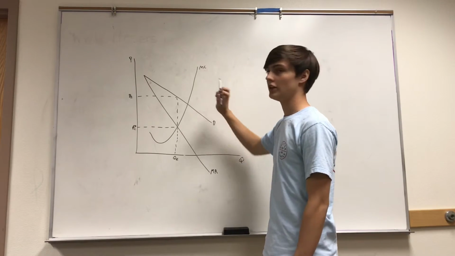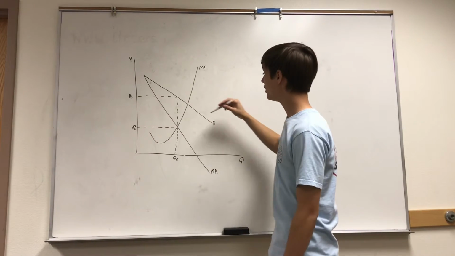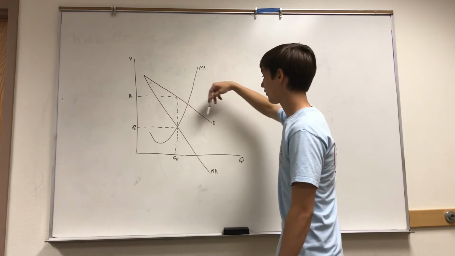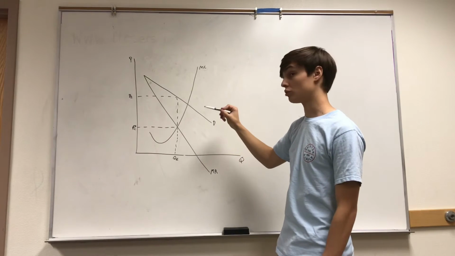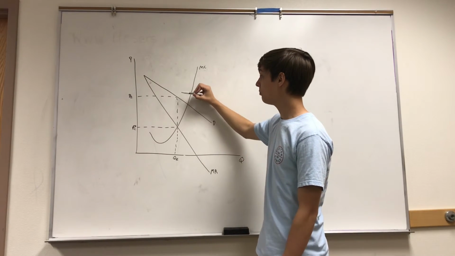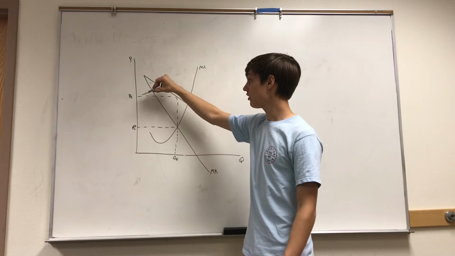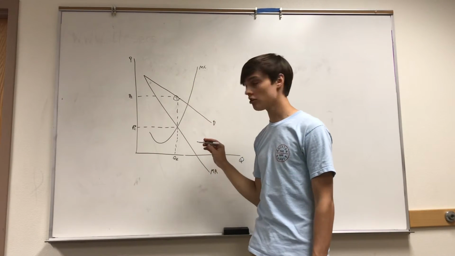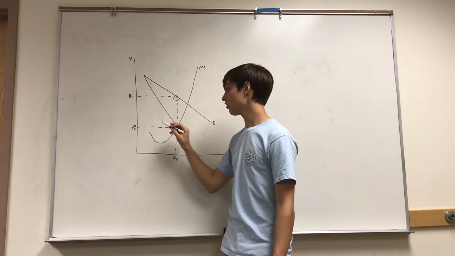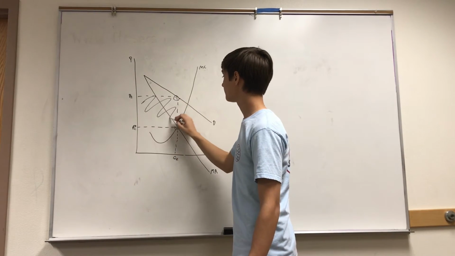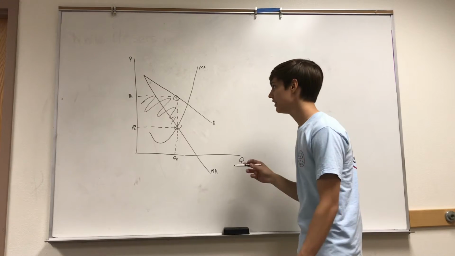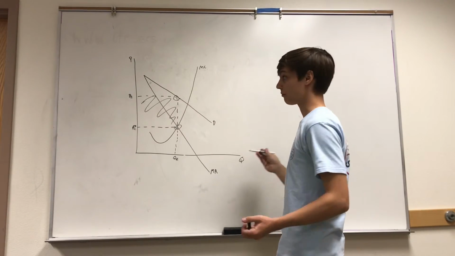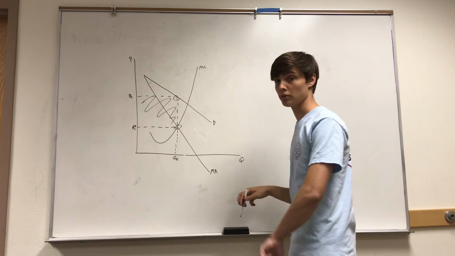Interesting thing with this and the colluding oligopoly is that you don't actually charge where MR equals MC because there's this deficit between marginal revenue and demand. So you actually go up to demand and charge this super high price right here, and where MR hits MC is actually your cost. So all of this is your profit, so you're making a ton of profit, right? Exactly, that is the point of monopolies. They want to make lots of profit, they don't care about consumer surplus.